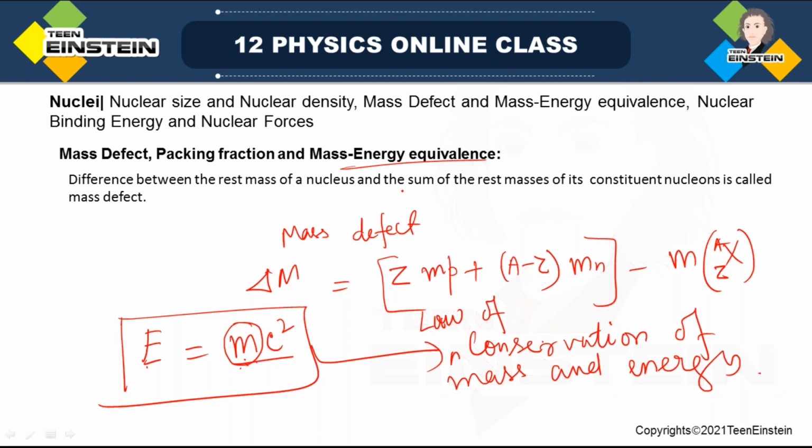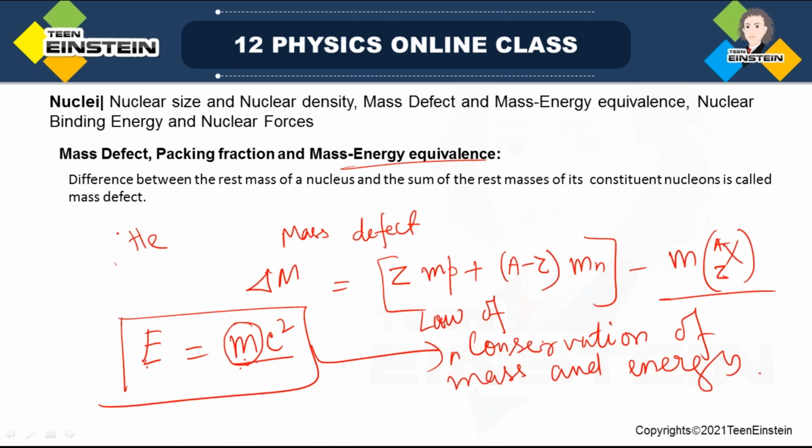Now you might be thinking, sir, why do we need to know this mass energy equivalence formula? Yes, we need to know this because we have got this mass defect. As I have given an example, 2He4 has two protons and two neutrons.